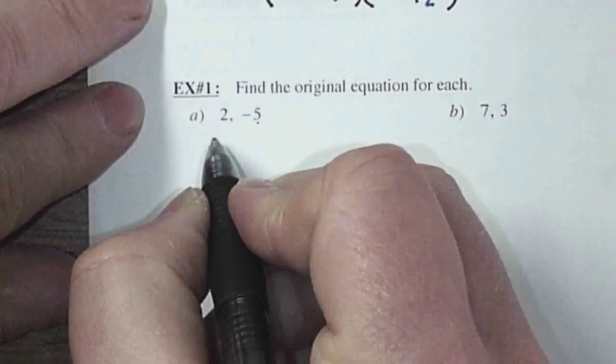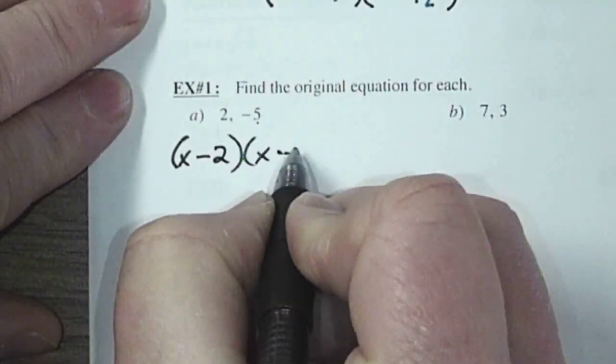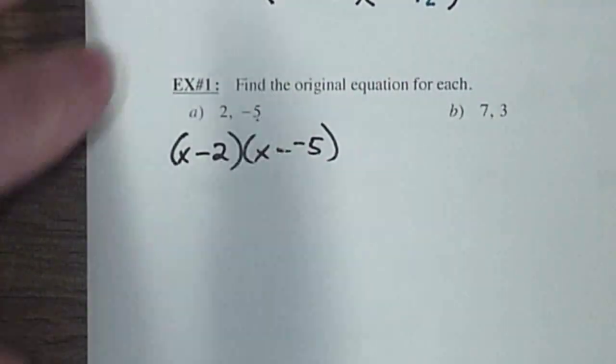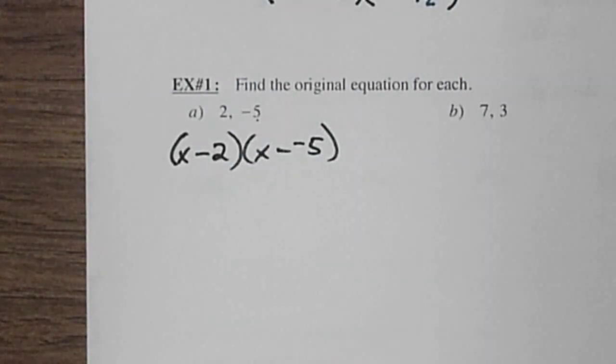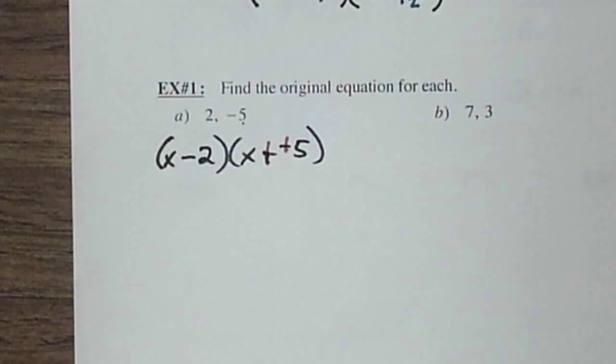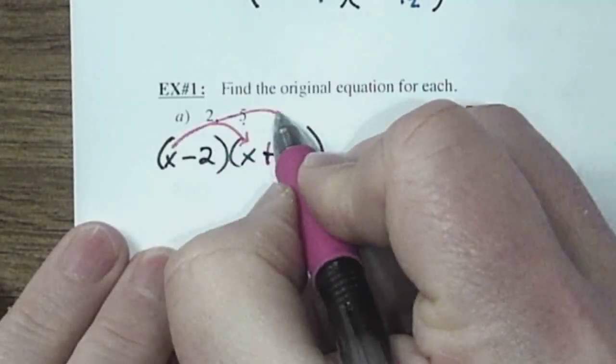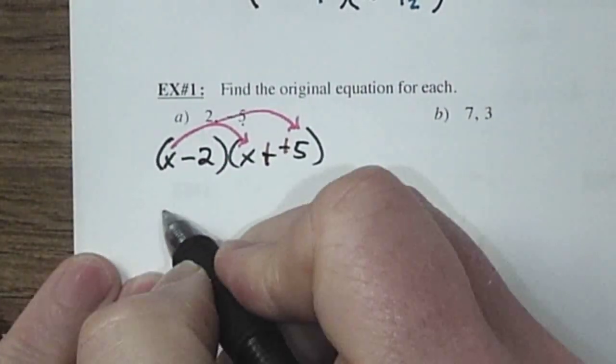It's not terrible. We always go x minus, and we're going to get double negatives at times. So if you're sharp and ahead of the game, you recognize, oh, it's minus, so it's going to turn into a plus. But otherwise, write them both and get that. Now we multiply, and you can use a box or distribute. I'm going to distribute x times x and x times 5.